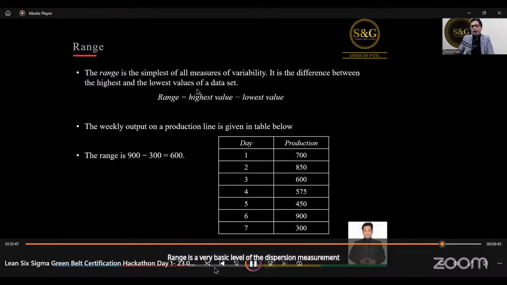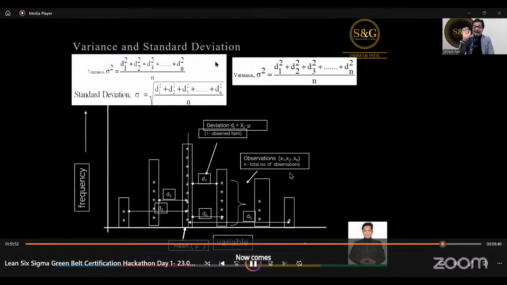Now comes variance and standard deviation. Let's try to understand this. Imagine I have plotted all the data points like this.